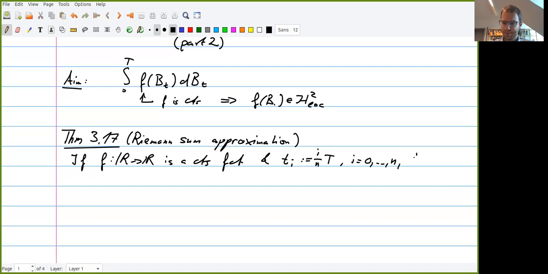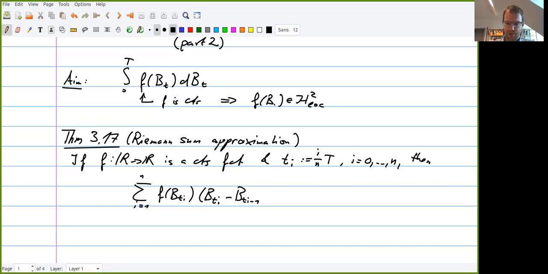And then, as we hope, the left point Riemann sum: we sum all the increments multiplied with the function f evaluated at the point B_{t_i}, multiplied with the increment of Brownian motion.